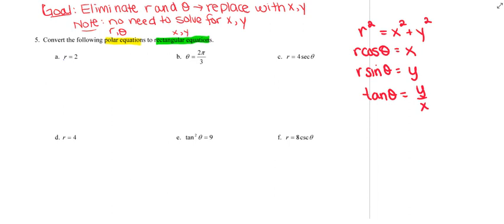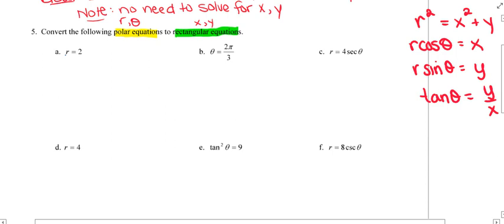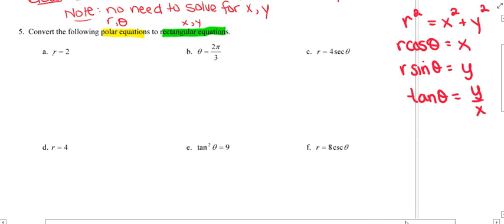All right, so looking at letter A says r equals 2. We're trying to eliminate or get rid of r's, no thetas to get rid of in this example. Well, if I look at my list of identities, I have nothing I can replace an r with. I can replace an r squared with an x squared plus y squared.